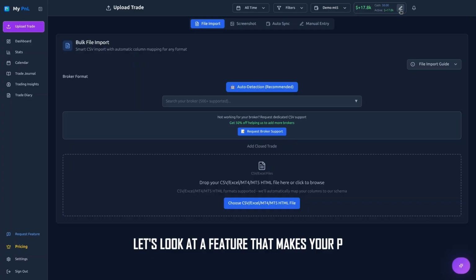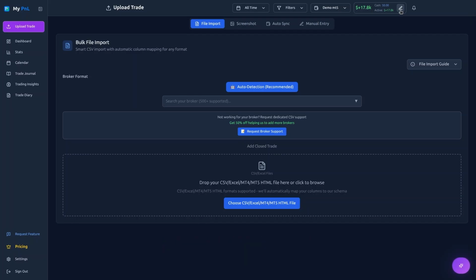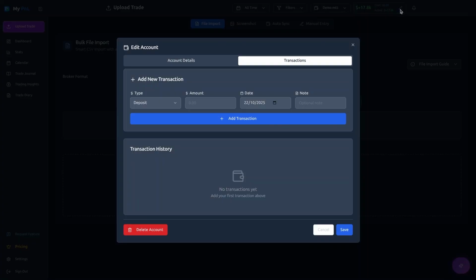Let's look at a feature that makes your P&L calculations perfectly accurate, the account management section. This is where you manage your trading capital. You can easily record every deposit and withdrawal you make directly into the platform.